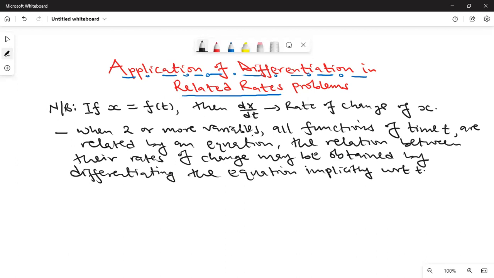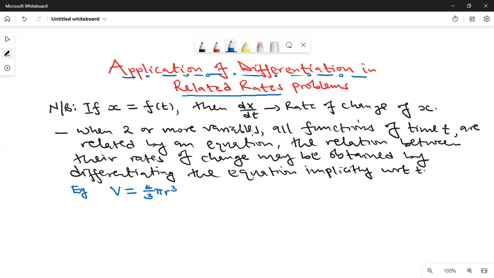So for example, let me give you a simple example. If we know that volume V is equal to 4/3 pi r cubed, where 4/3 is a constant, pi is also a constant.